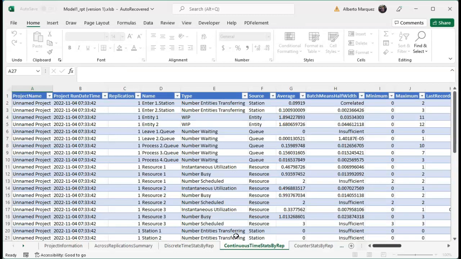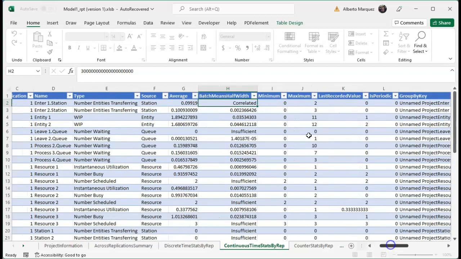In the previous one, we were measuring the value that each one of the entities contributed to the statistics. In this case, we have the average number of entities that each period of time contributes to the statistics. So we're counting entities here. For instance, in the enter one station, the average number of entities in that particular station was 0.099, and we cannot obtain the mean because it's correlated.